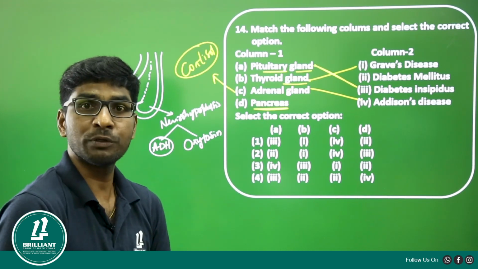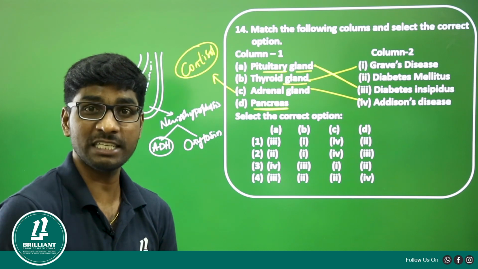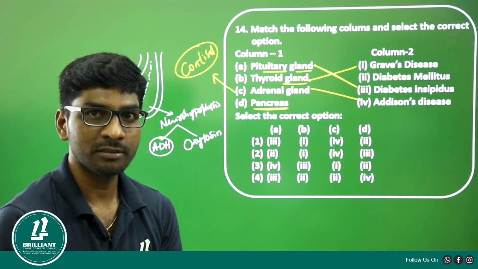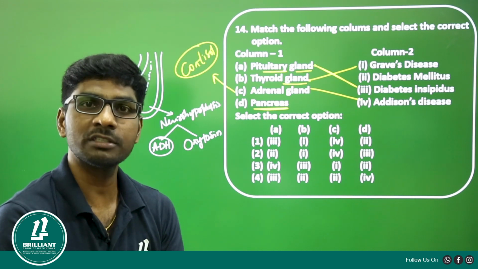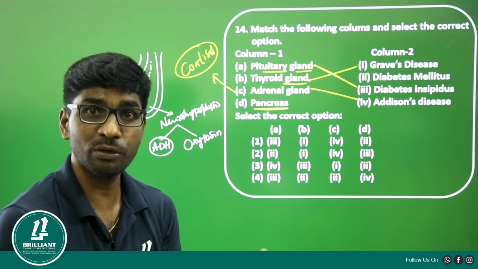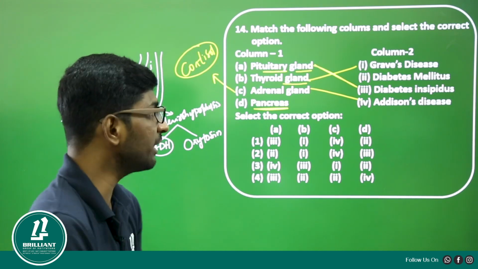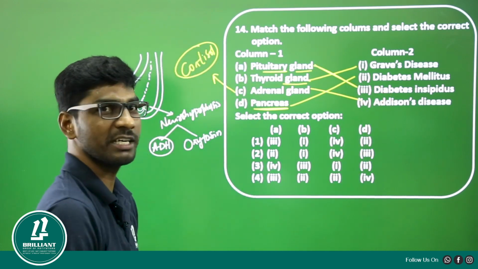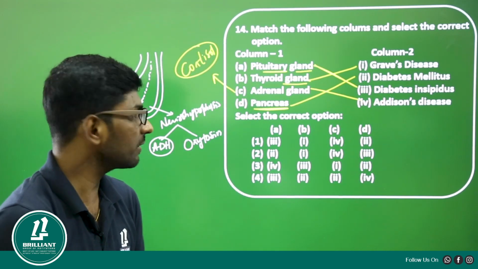Pancreas, which we call a heterocrine gland. Beta cells produce the insulin. When there is a lack of insulin in the blood, glucose percentage increases, which we call hyperglycemia. Yes or no? So hyperglycemia can lead to the formation of what? Diabetes mellitus, sugar disease. So what is the answer?